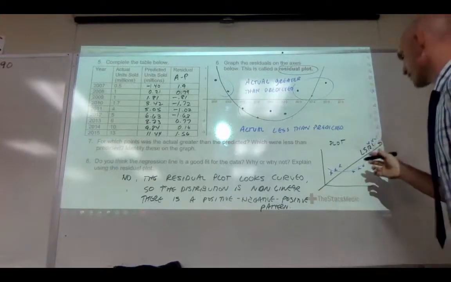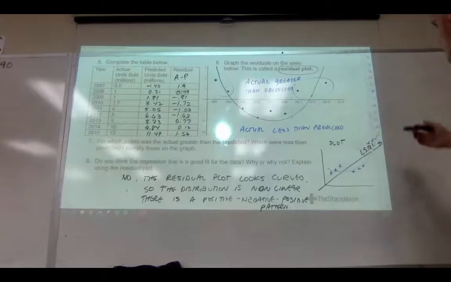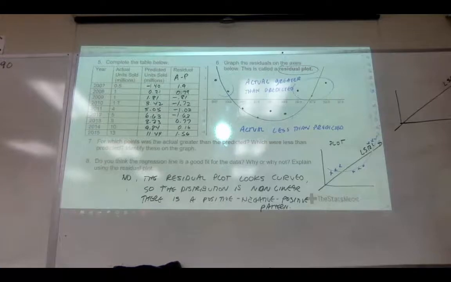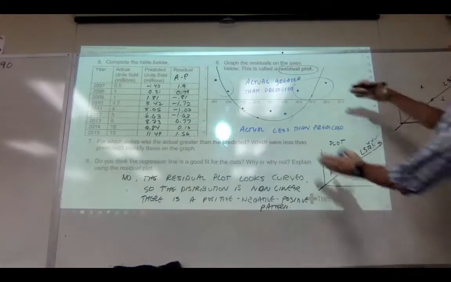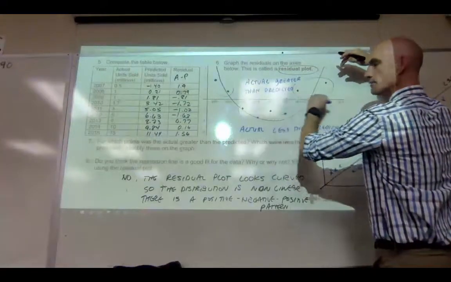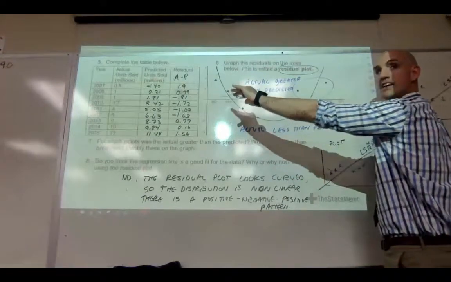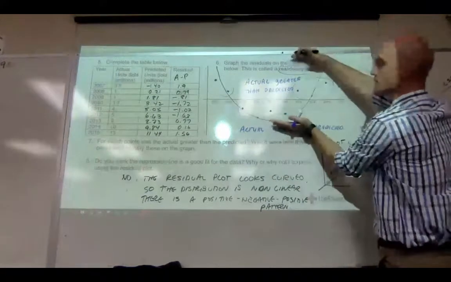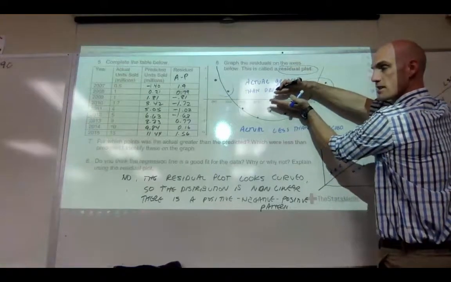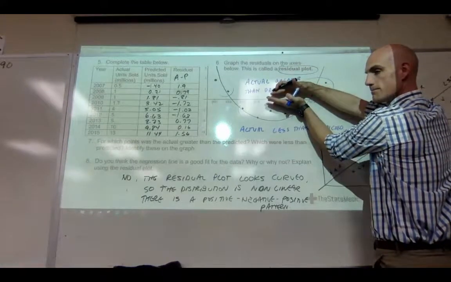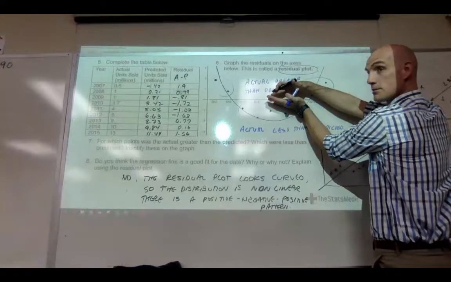If I actually have linear data, and here's my least squares regression line, you get some on, and some like this, right? If it was perfectly linear, would it be all on? So talk to me about residuals. If the residual is 0, what does that mean? There's no difference between actual and predicted, right? So if my residuals get closer to 0, what does that mean? The R value is going to be closer to 1, right?